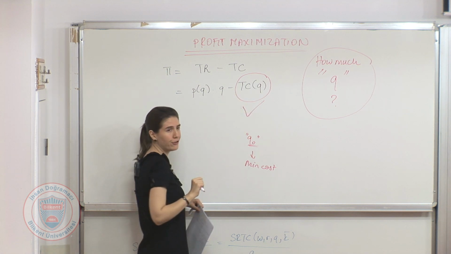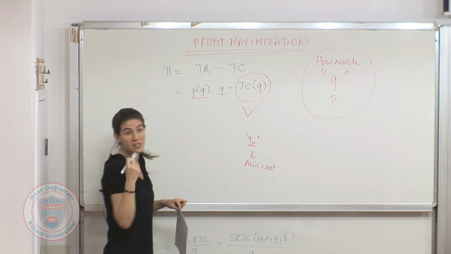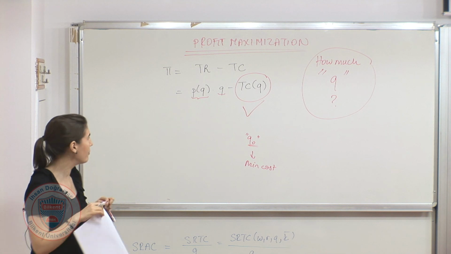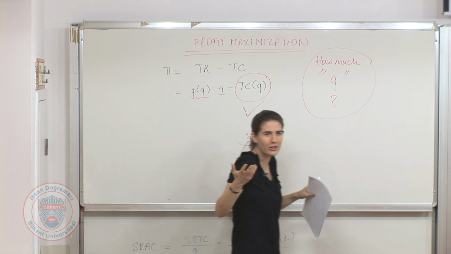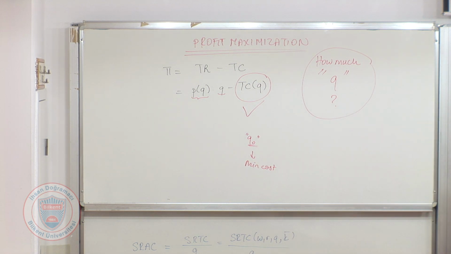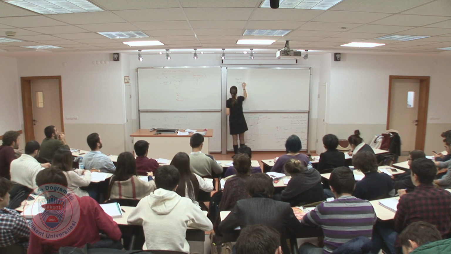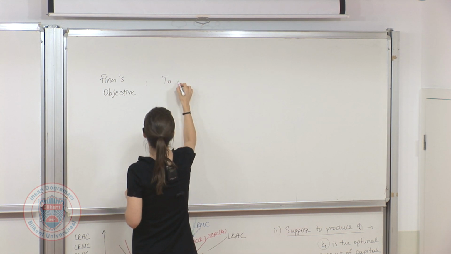It's a function of Q. So there's a Q here, and if the price is a function of Q, we'll come back to this, then this profit function is a function of Q. And then you're going to decide on Q, which is good. So now, this is what we said, the firm's objective: it's to maximize profits.